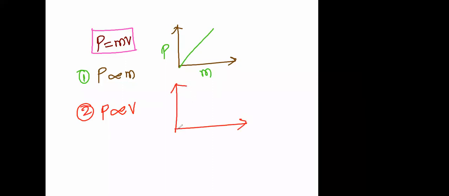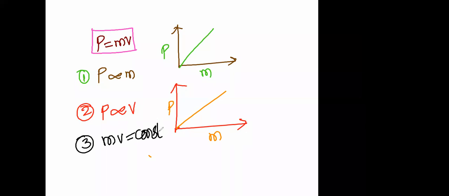This is the graph. The momentum and velocity graph is like this. Momentum is taken along the y-axis, mass is taken along the x-axis. And the third one, if momentum is taken as constant, m into v is constant. That means m is inversely proportional to v.